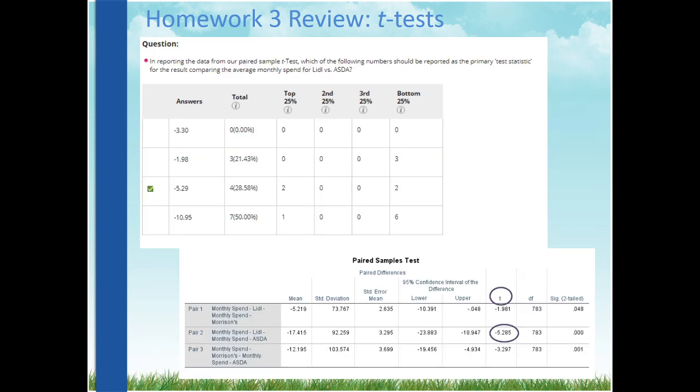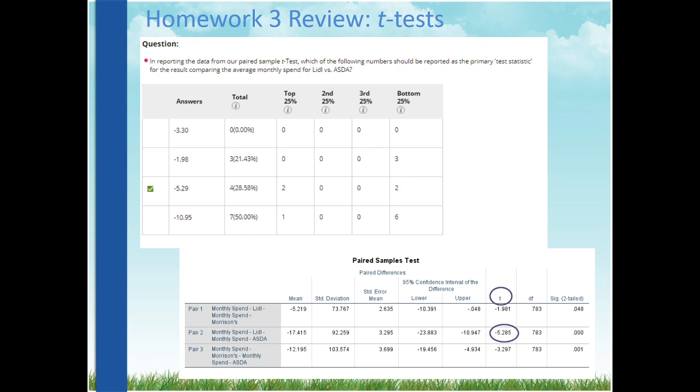Another question that gave a number of folks a challenge, and this is basically in how we interpret and look at the tests, is which of the following numbers should be reported as the primary test statistic? That's the T. So if you take a look at the monthly spending between Little and ASDA, the test statistic for the t-test is the T. That's going to be different for different tests.